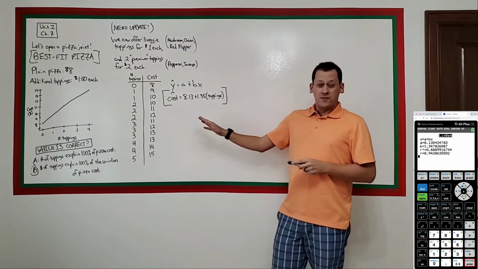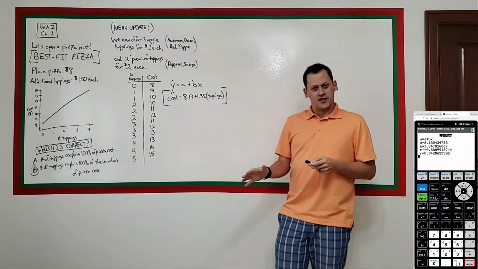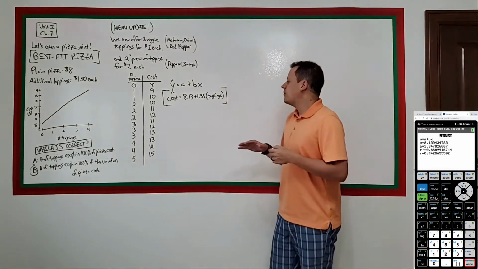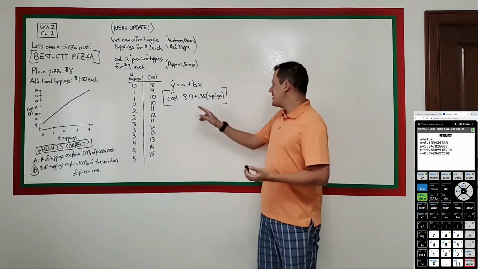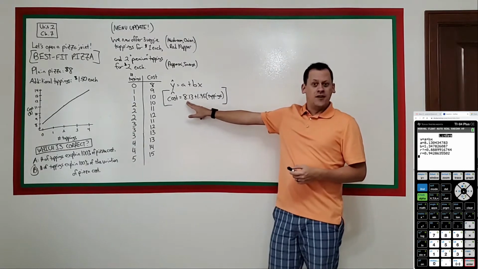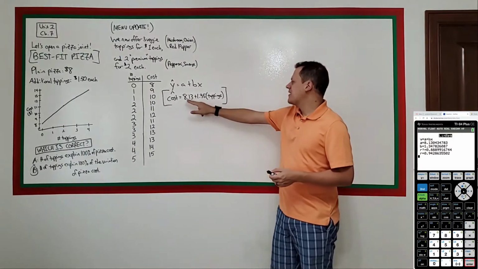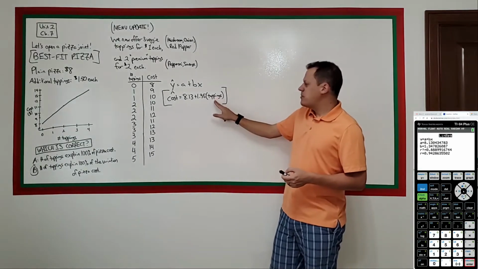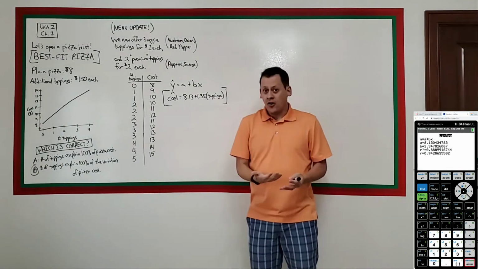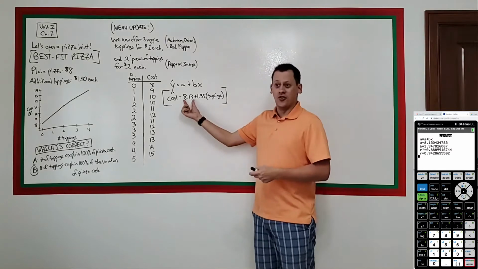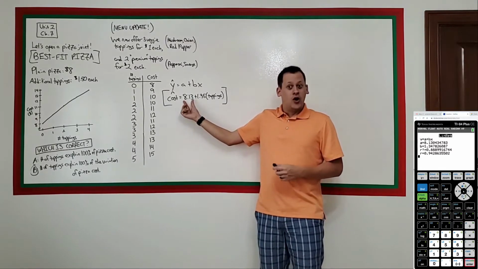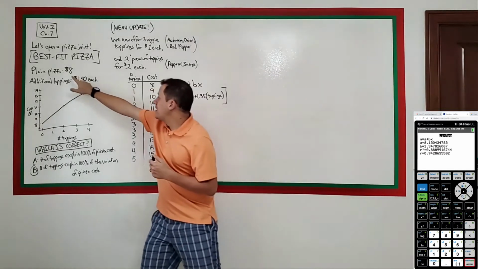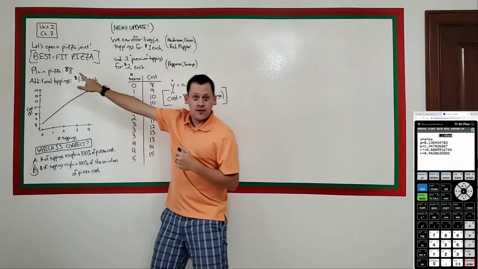Now, one of those parameters makes some sense and the other one not so much. The one that might not make a whole lot of sense is actually the intercept, the y-intercept of this equation. 8.13 would represent if we got a pizza with no toppings, our model would predict that the pizza costs $8.13. We know that a plain pizza is $8.